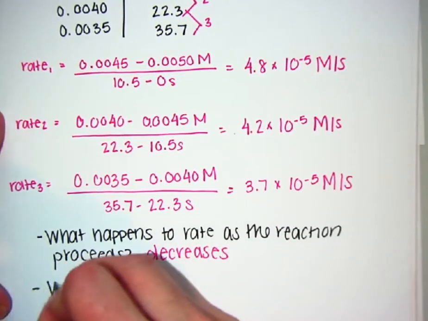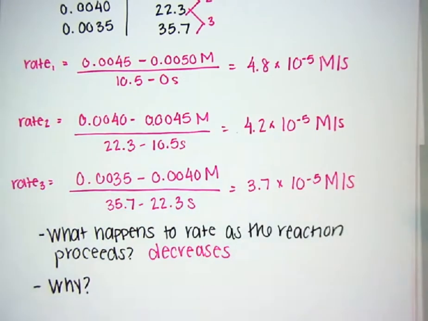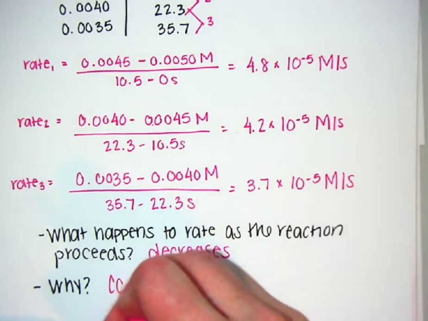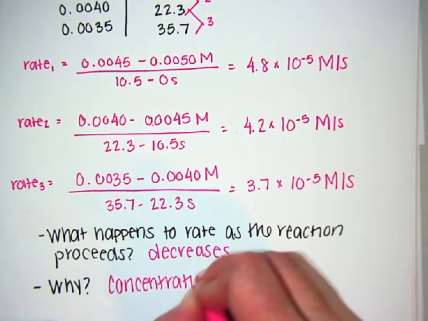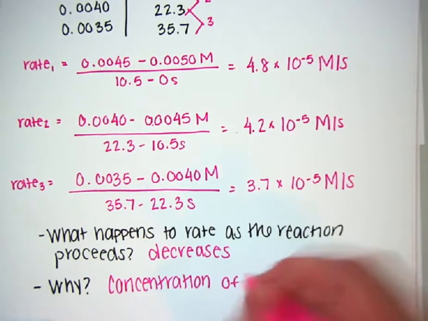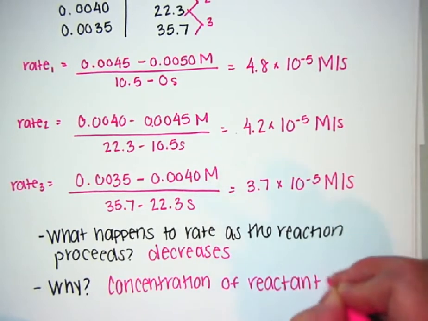Why do you think that happens? Take a second and think, why would rate decrease as the reaction goes on? And the reason is because the concentration of the reactants decreases.